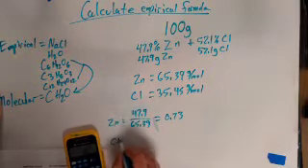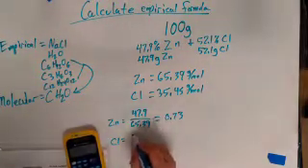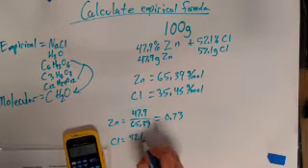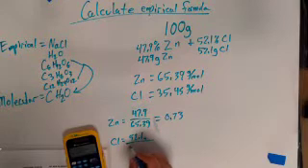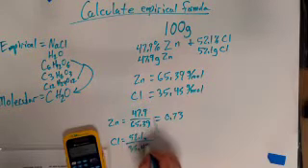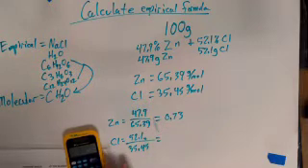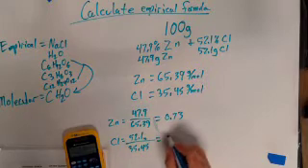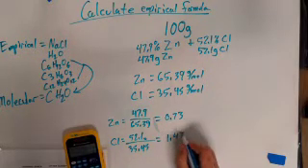And then for chlorine, we're going to say 52.1 divided by 35.45. So 52.1 divided by 35.45 gives me 1.47.